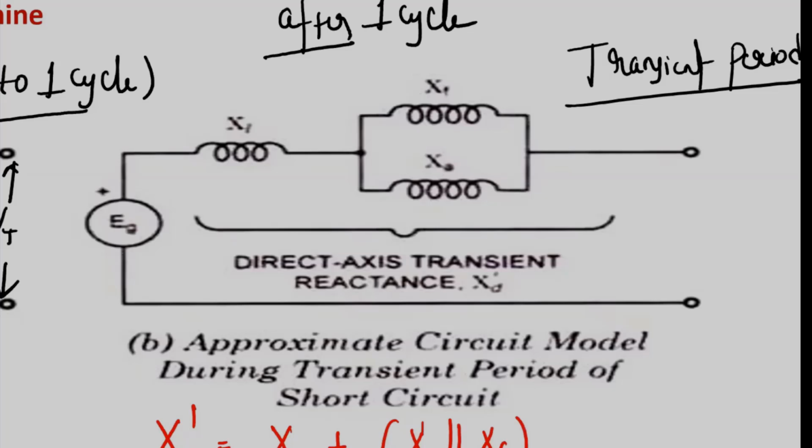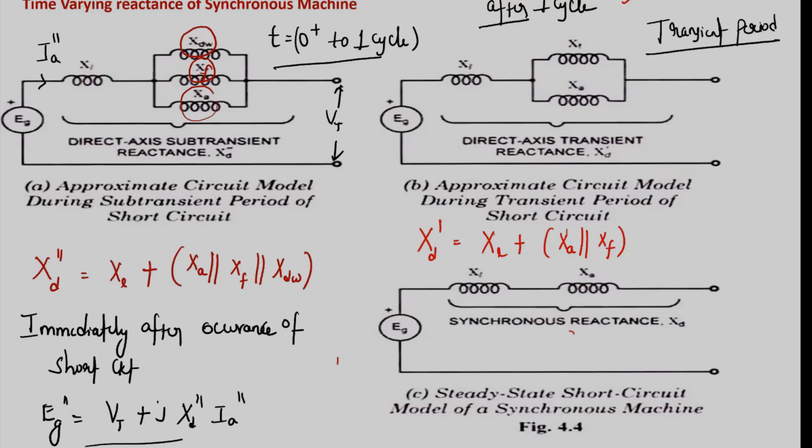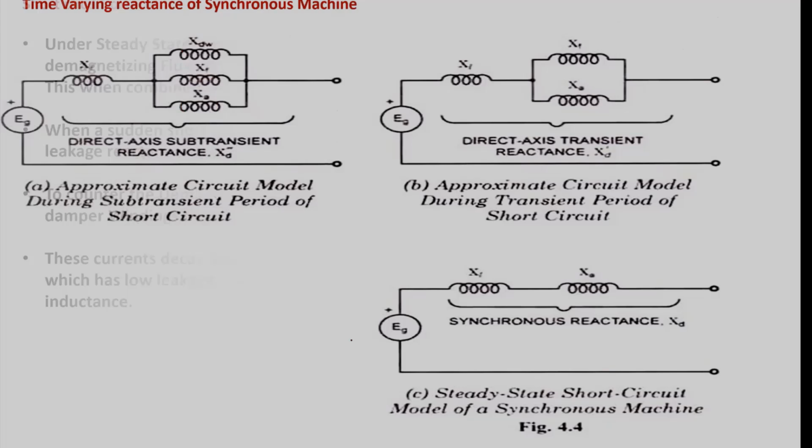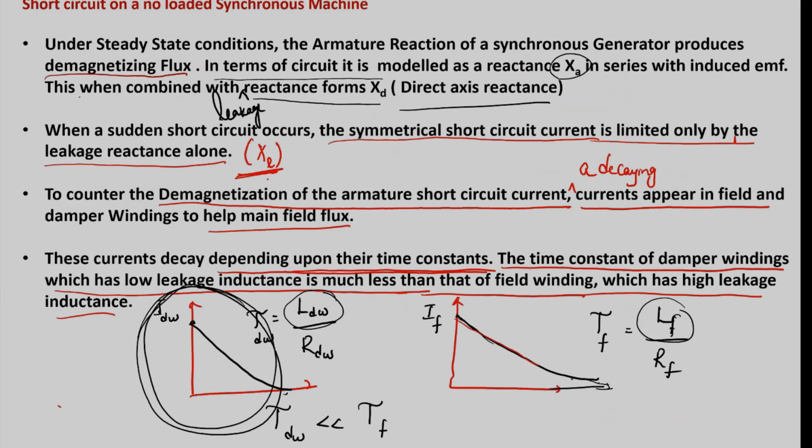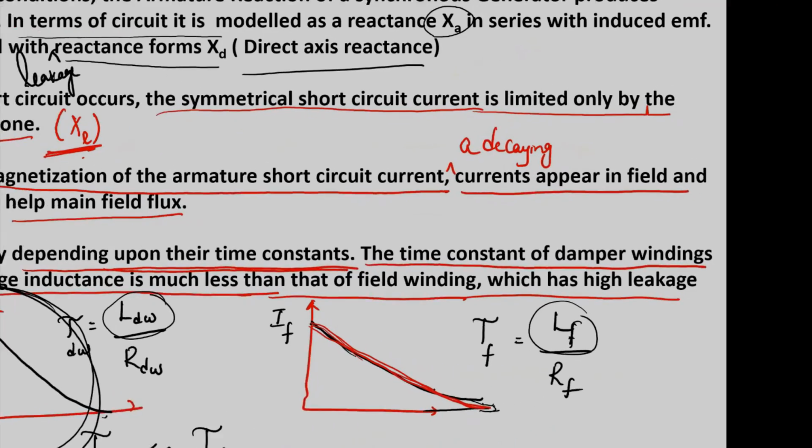Okay, so this is called the subtransient period. The synchronous machine offers a reactance called subtransient reactance. The transient period is usually from the second cycle to the fifth cycle. At the end of the fifth cycle, even the currents through the field windings decay to 0.